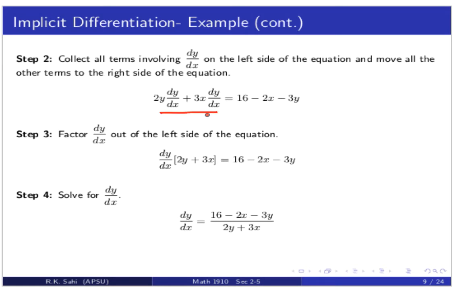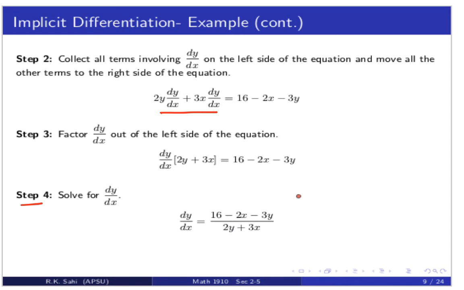Now the third step, factor dy by dx. When you factor dy by dx, you get 2y plus 3x, equals the right hand side, which just remains the same. And the fourth step is getting the answer for this problem: solve for dy by dx. In other words, you want to have dy by dx with a coefficient 1. And then the final answer is dy by dx equals 16 minus 2x minus 3y divided by 2y plus 3x.